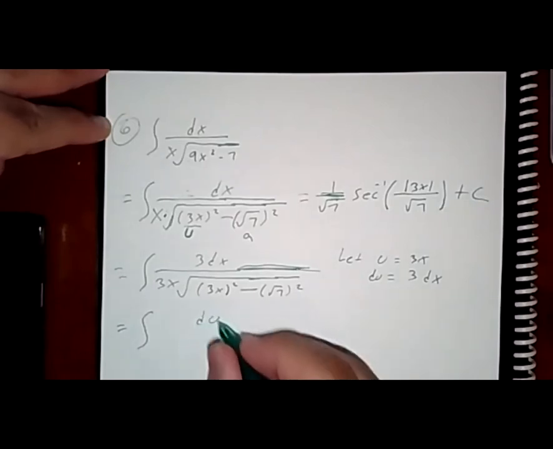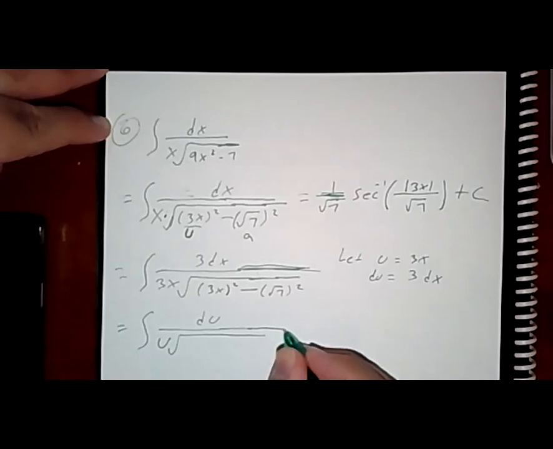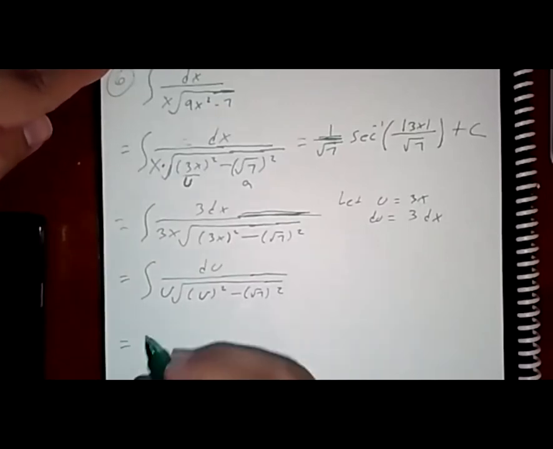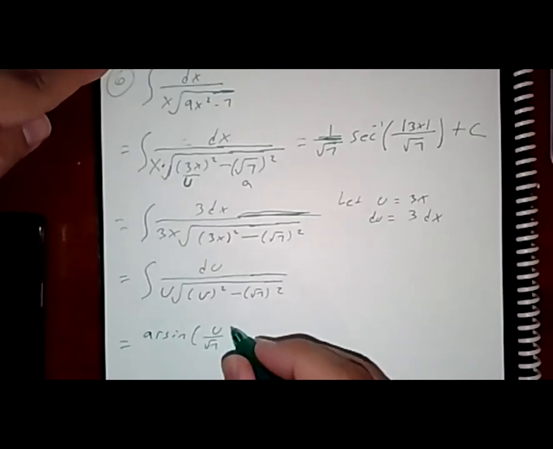Let's see here. Yeah, I think once you introduce that 3, you then do the sub and it works out. Yeah, I think that'd be the extra step that I was missing. It turns out to be the same. So right here we end up with arc sine of u over square root 7.